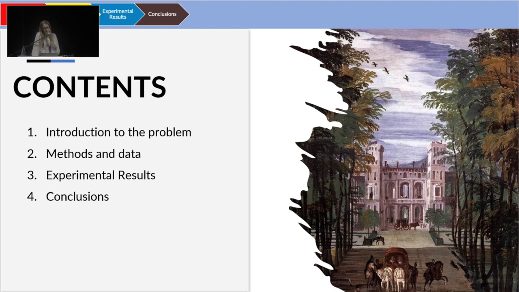In particular, the work is divided as follows. We have an introduction to the problem, explanation about the method, the tested conditions, and the data that are available for this task, a discussion about the experimental results, and finally the conclusion.